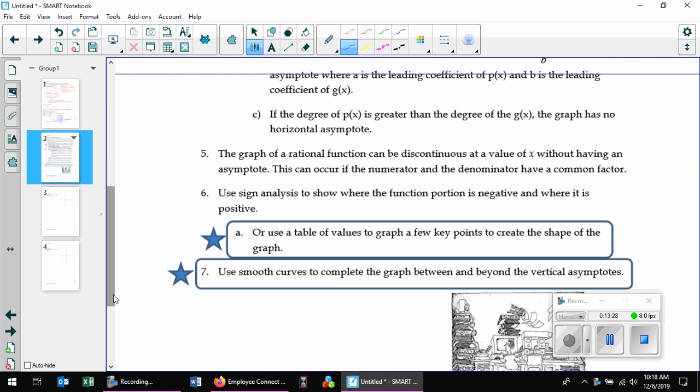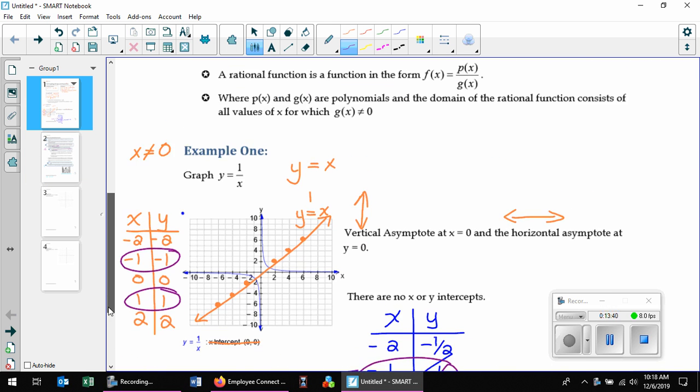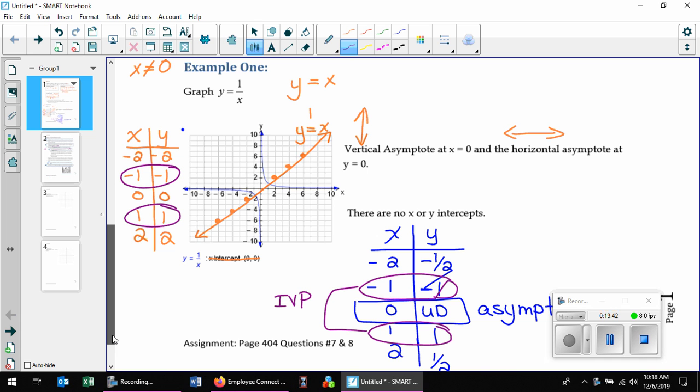Okay, so how to graph a rational function? Use a table of values, graph a few key points and the shape of the graph. Now, key points would be my invariant points. And what are the only numbers that when flipped are exactly the same? Right.